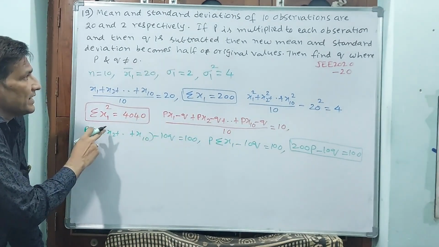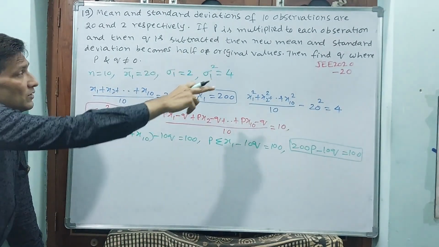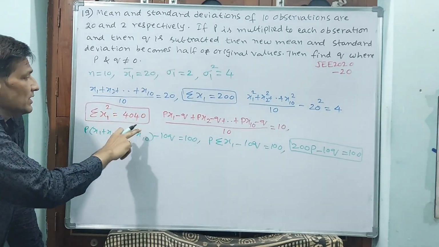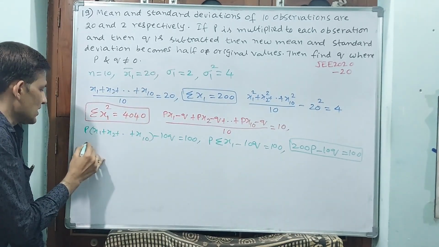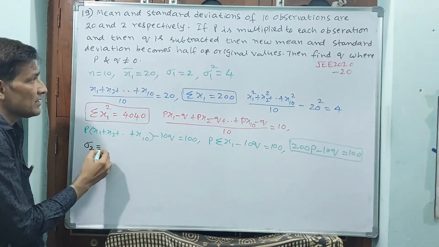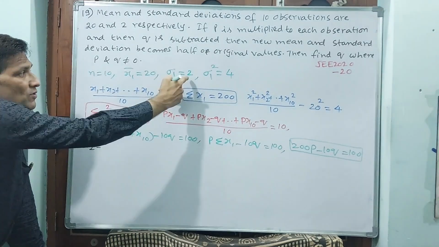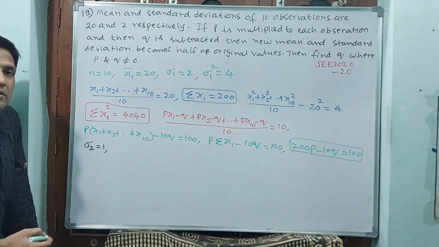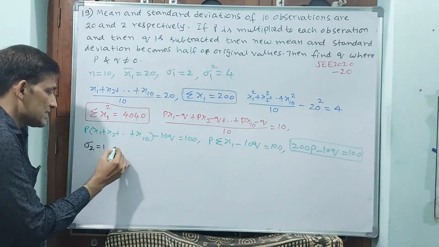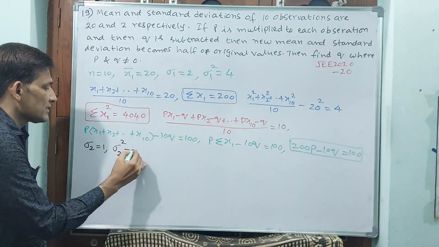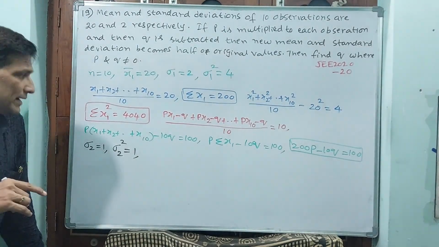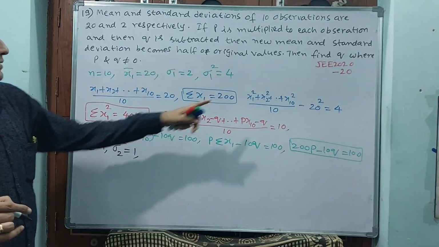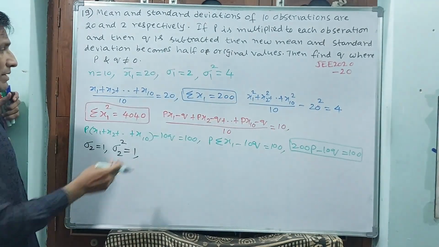Now go for the second case variance. Sorry, the standard deviation is half, that means 1. Okay, second case. Then what about variance? 1 square is 1 only. Now go back. The x1 square we have, but this you have to make.